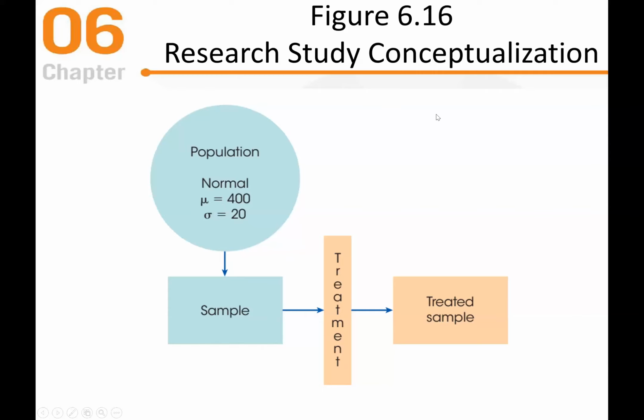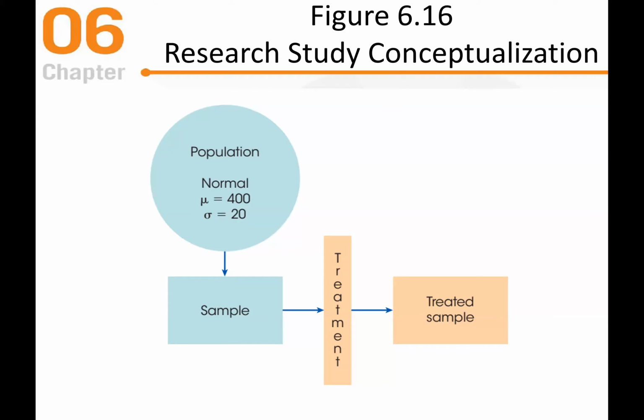So the population is normal. Let's say we're dealing with those rats given growth hormone again. The population is normal, with a population mean of 400 and a standard deviation of 20. All right, and we're going to take a sample from that population, and then we're going to treat it with some kind of growth hormone.